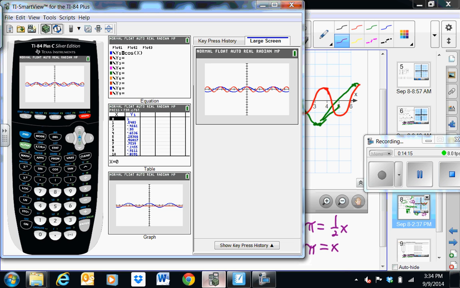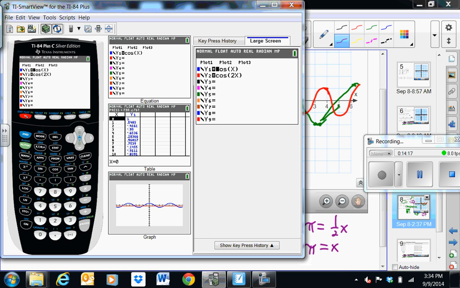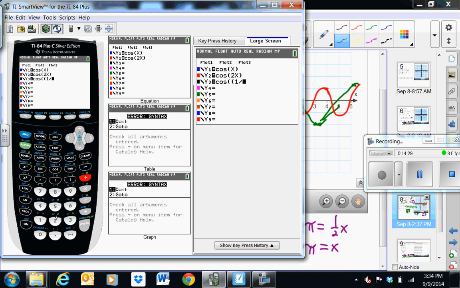And if we look at this in our graphing calculator, let's go ahead and make y sub 3 cosine of 1/2 x.